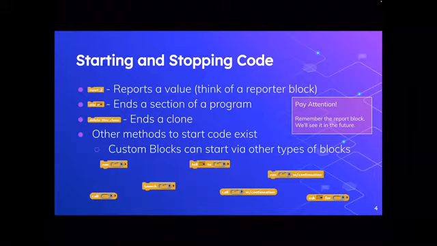This completely gets rid of a clone, which we'll talk about later. There are other ways to start and stop code. For example, you can use something like run, tell, launch, the other run block, etc. And all these blocks can be used to start and stop code, or certain segments.